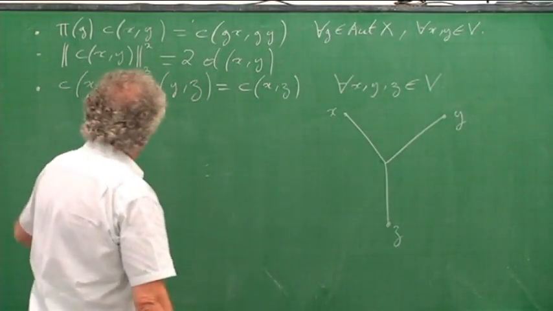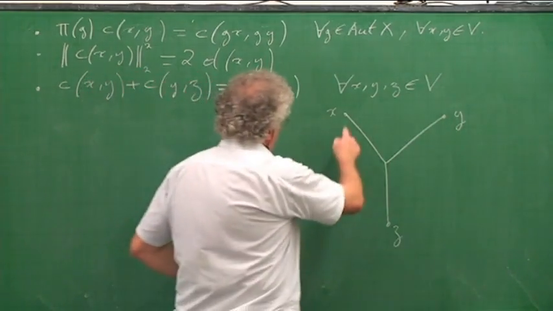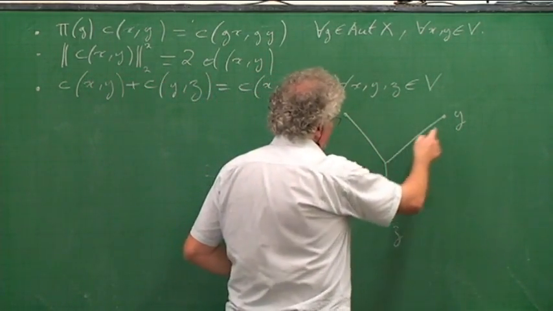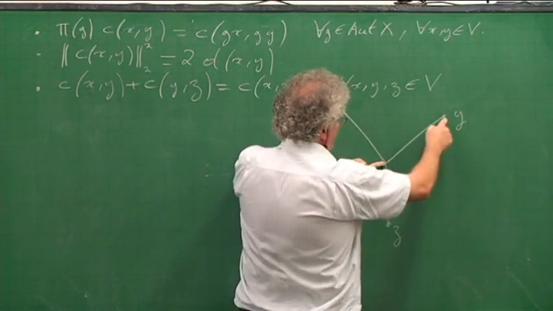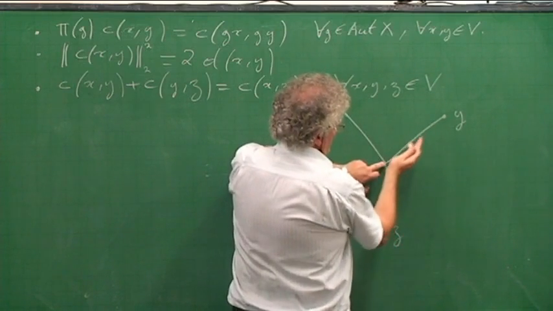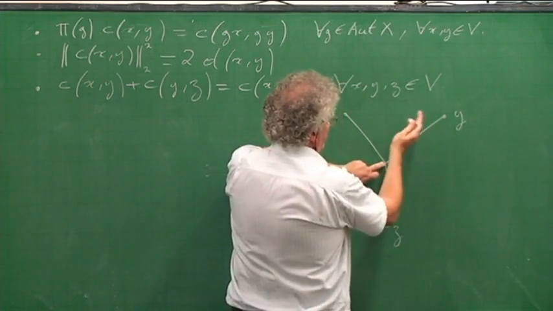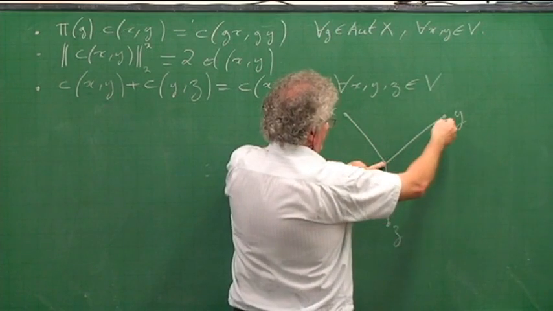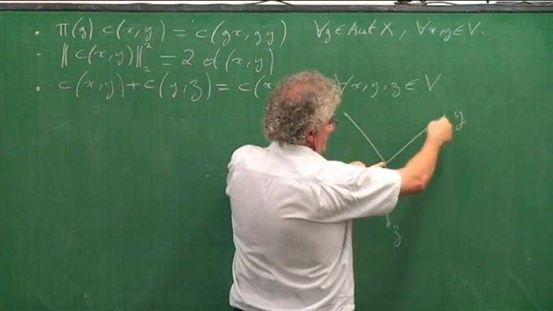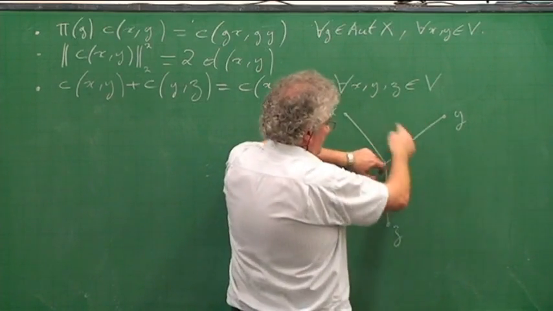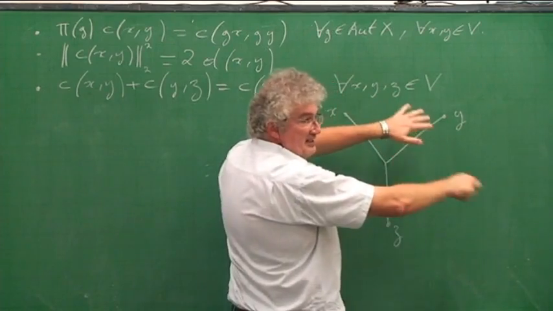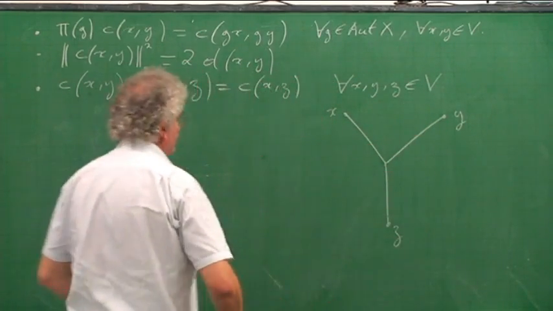But now, look at what happens. When we go from x to y, and then from y to z, look at what happens in this branch. Edges which were coherent from x to y become incoherent when you go from y to z. And this means that the contributions from this branch cancel out. And that's the proof.